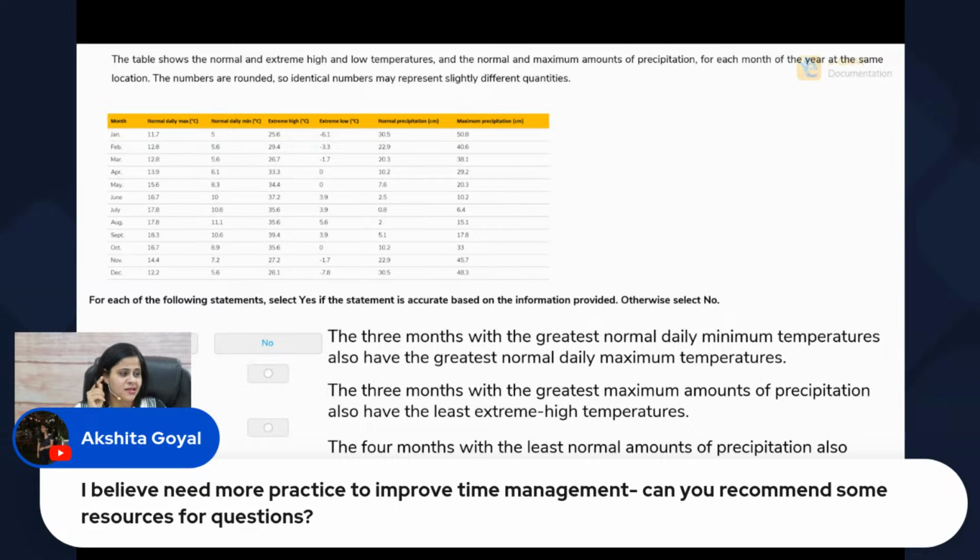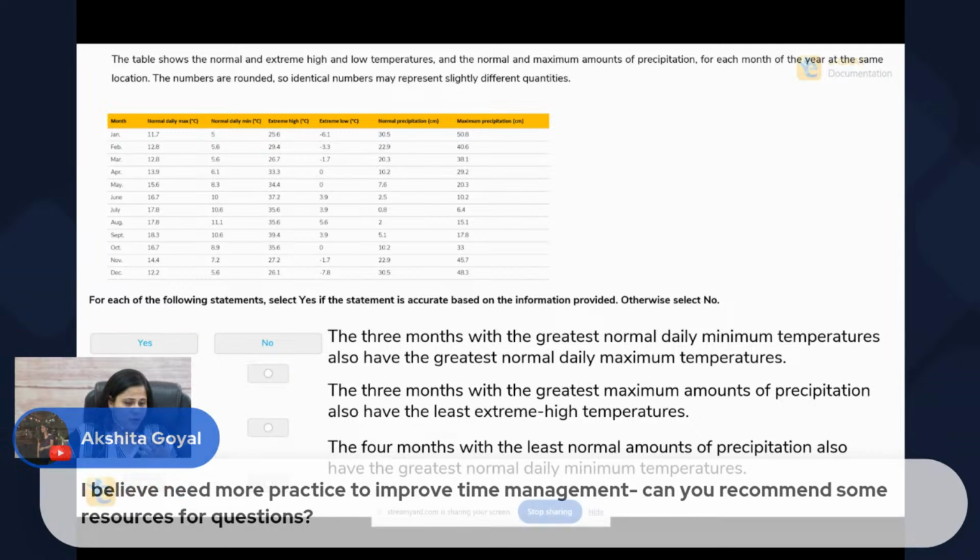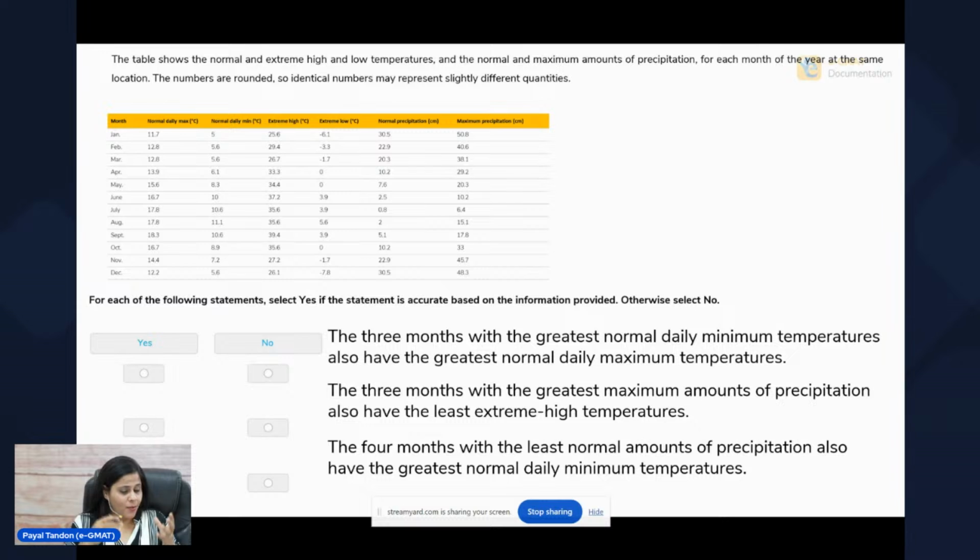That mindset is critical when you're reading the data set. As you practice doing that, you will see that your ability for solving data insights questions will start to improve. I hope that answers your question.